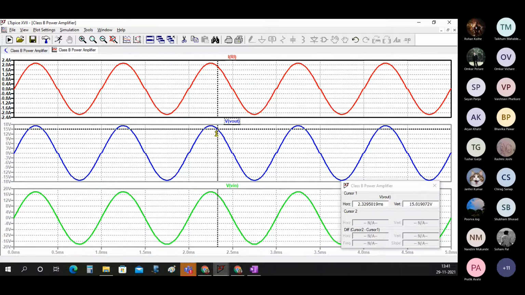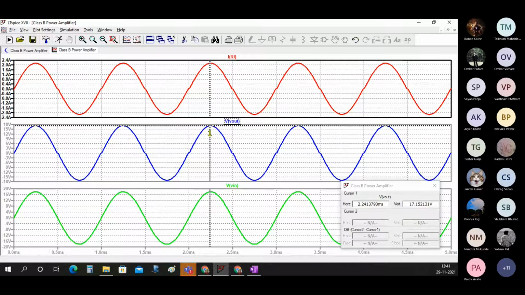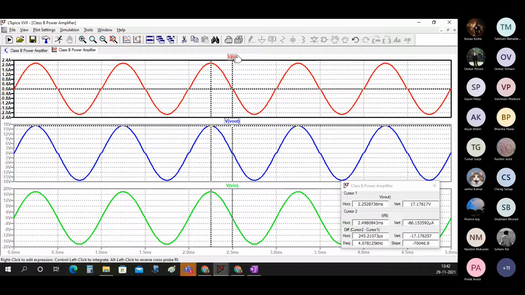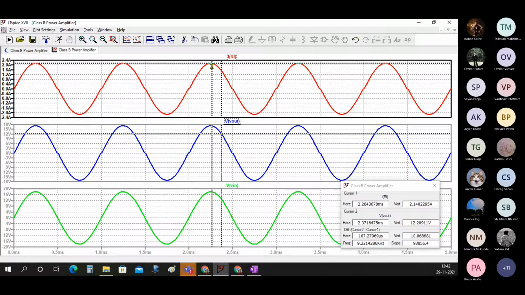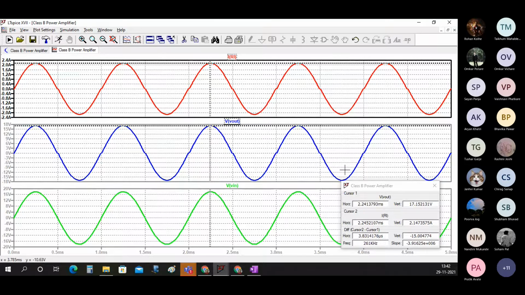That is around 17.17, and we have both current and voltage values.